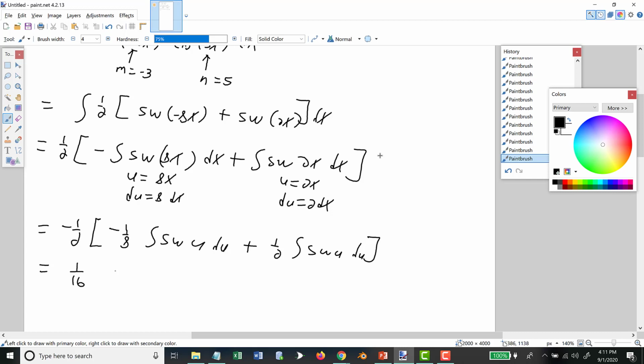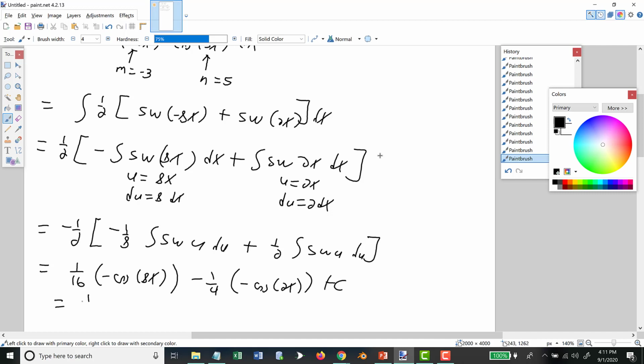The integral of sine is negative cosine u, and the u in this problem was 8x, so I'll go ahead and put it back in. And then negative 1/2 times 1/2 gives us negative 1/4. And the integral of sine is negative cosine u, which in this case u is 2x, plus c.